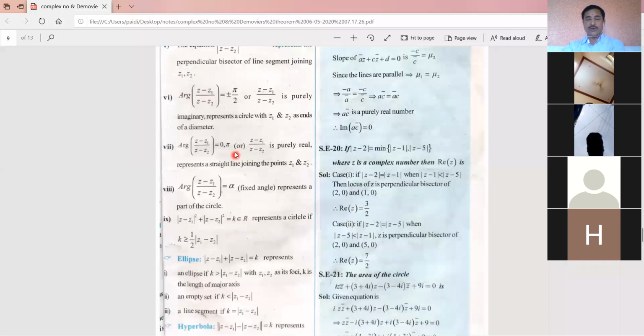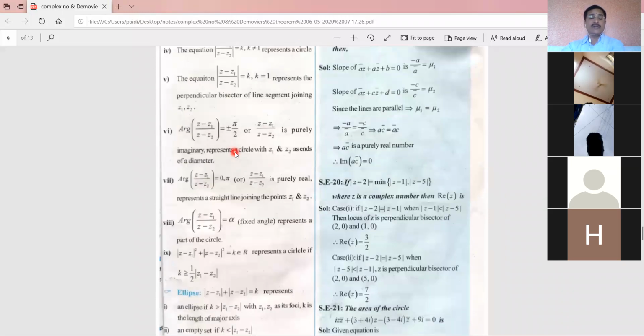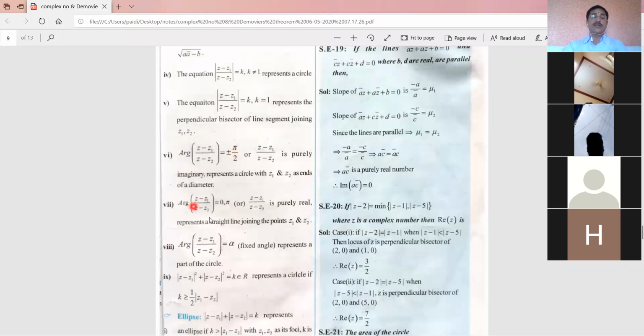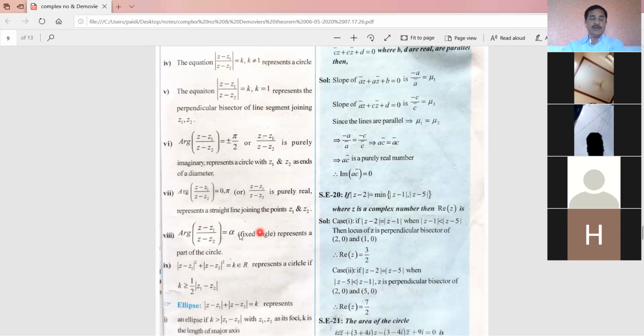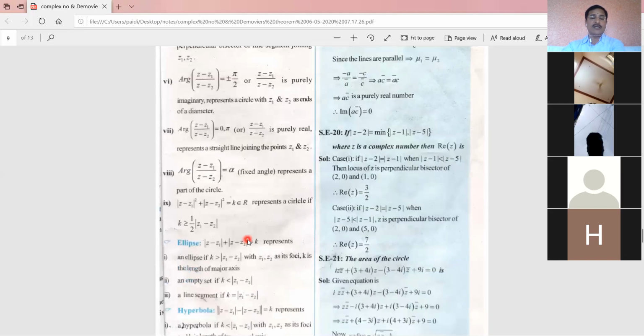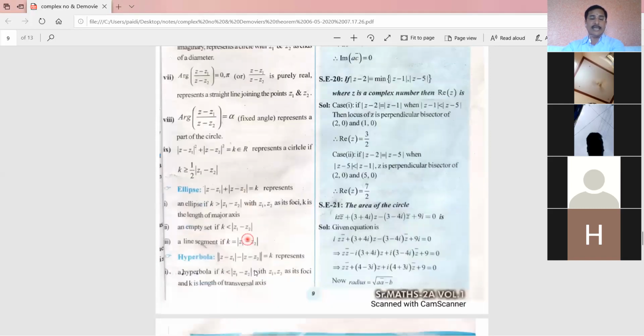Just go through these and remember them. Mostly objective questions on the locus will be asked on these conditions. If you remember these conditions, you can answer the objective questions directly. These conditions will be used as short method formulas to solve problems related to the locus of a complex number directly.